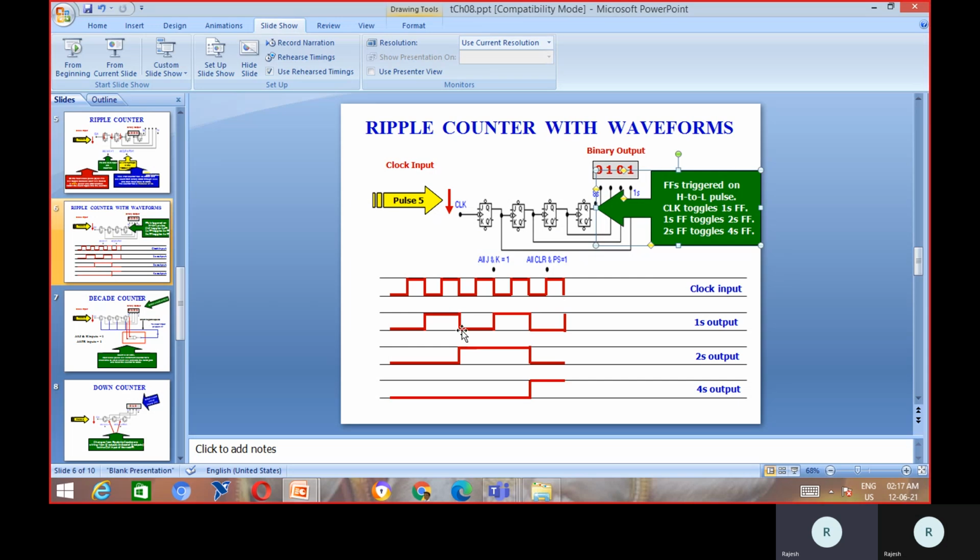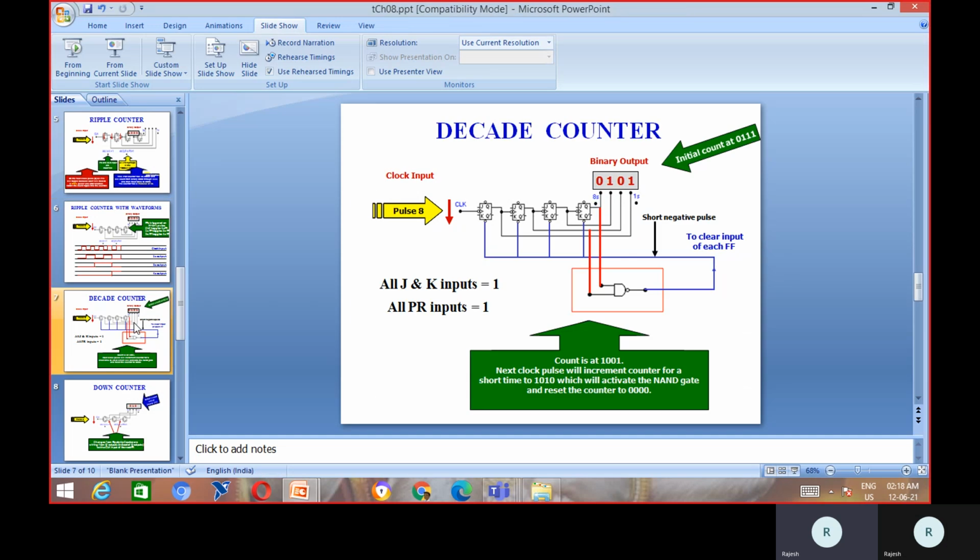Whenever the third one goes from high to low, again there is a transition from 0 to 1. If you study in reverse order, it is 0000, 0001, 0010, 0011, like that, finally it is all ones. So you have to read Q3, Q2, Q1, Q0 in reverse order. So this is a ripple counter.